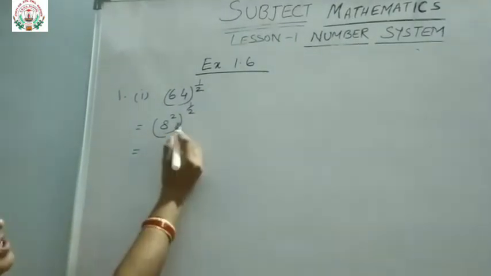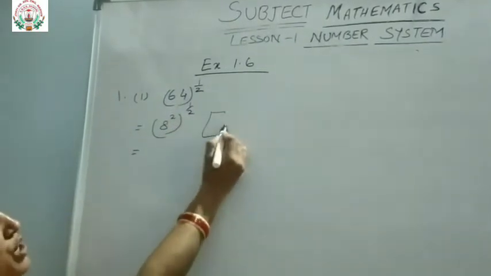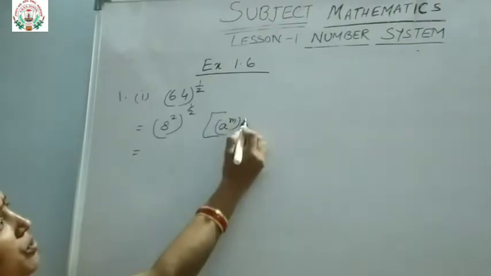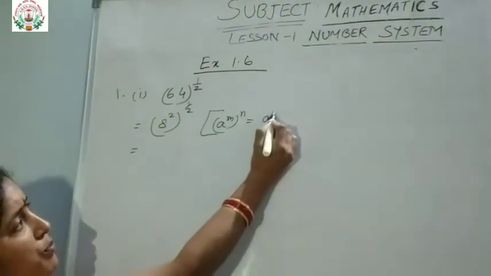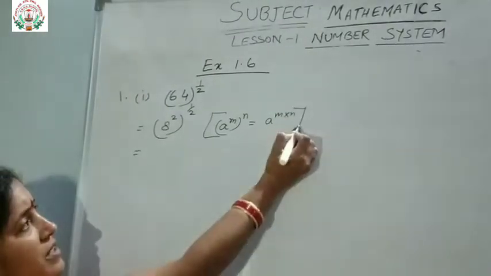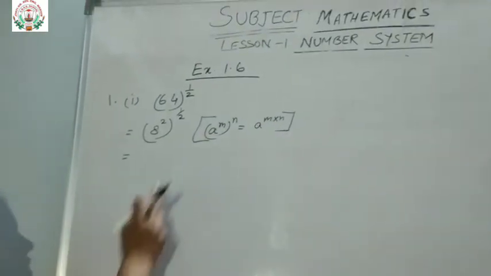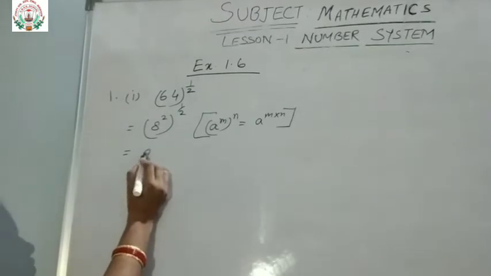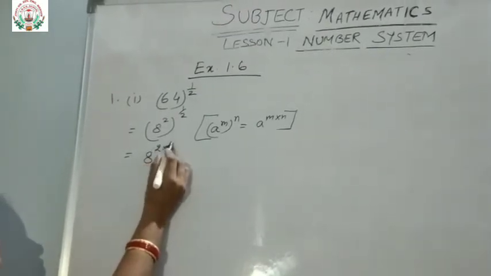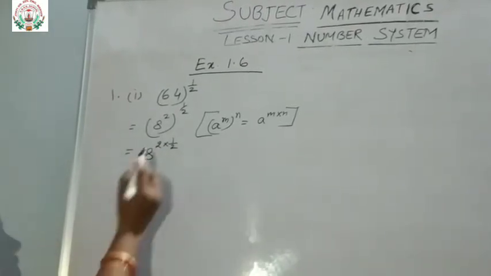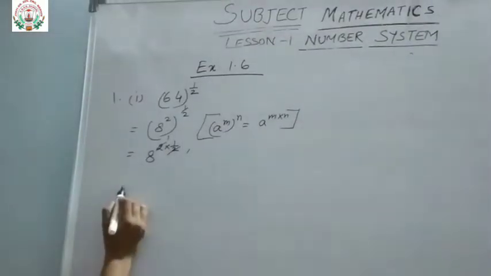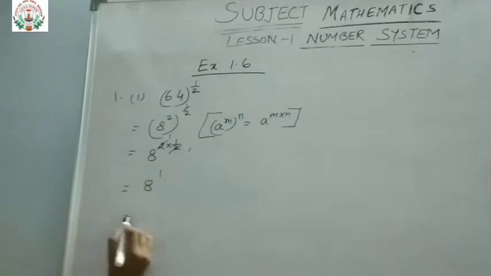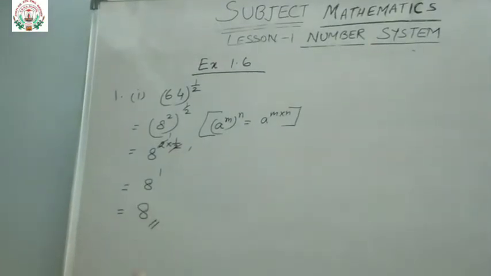Which formula will you use? a to the power m whole to the power n equals a to the power m into n. Apply that: 8 to the power 2 into 1 upon 2. Now cancel out: 2 ones are 2, 2 ones are 2. So it will be 8 to the power 1, which equals 8.